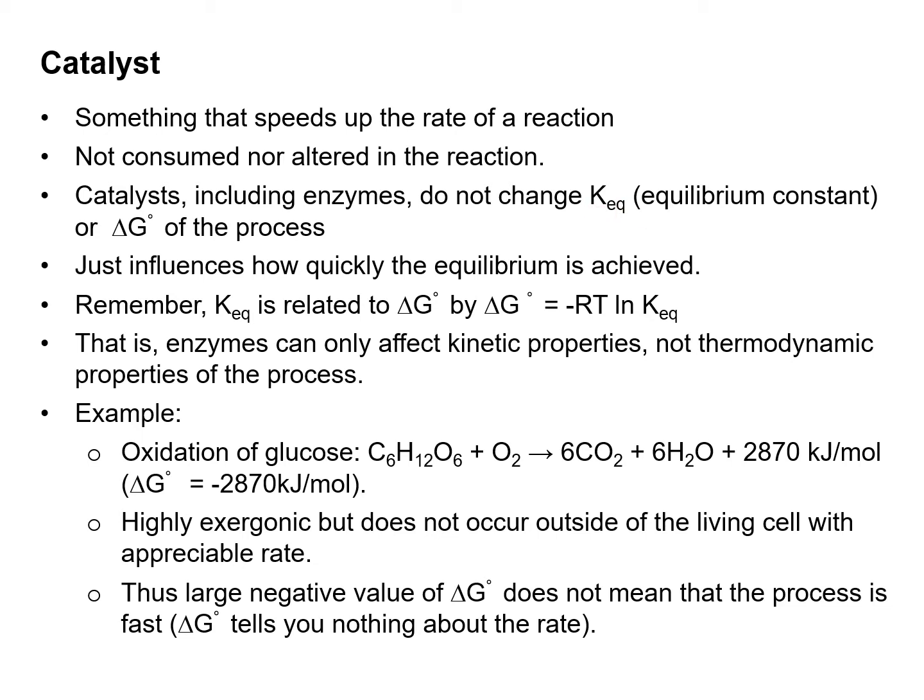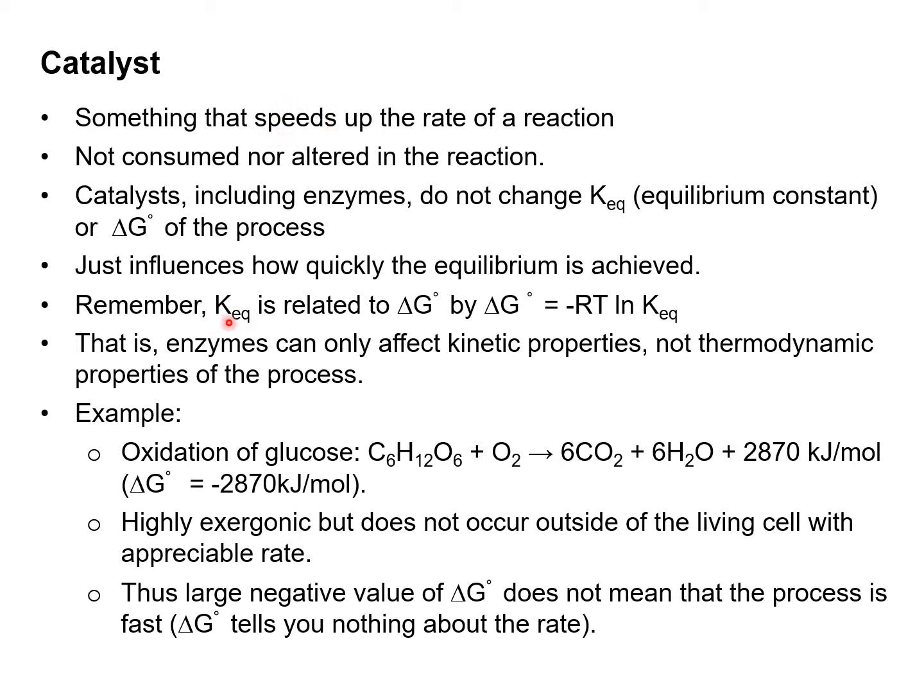Briefly, Keq, the equilibrium constant, is the ratio of the product and the reactants in their concentration. And delta G naught is the Gibbs free energy that shows the spontaneity of the reaction. The catalyst just influences how quickly the equilibrium is achieved. Again, it only affects the speed or the rate of the reaction.